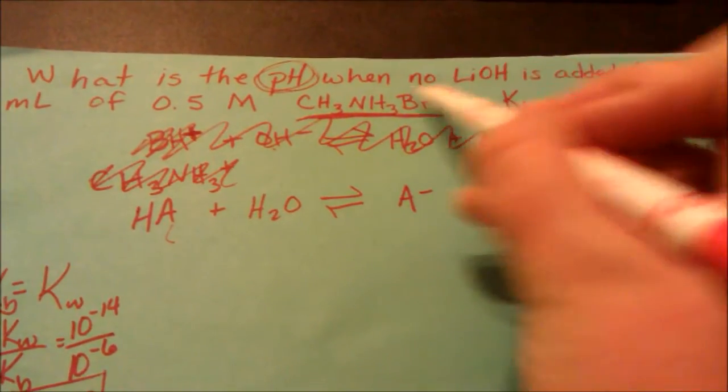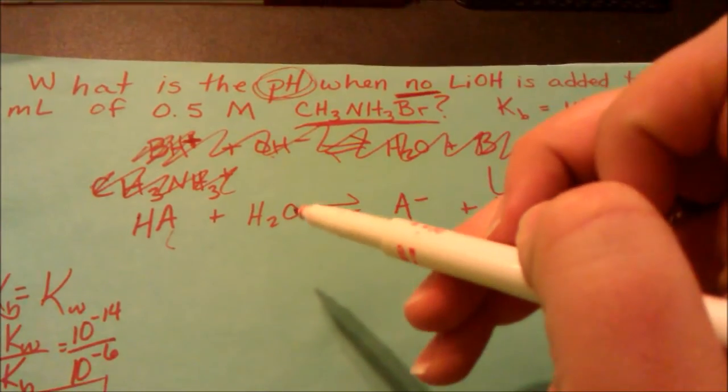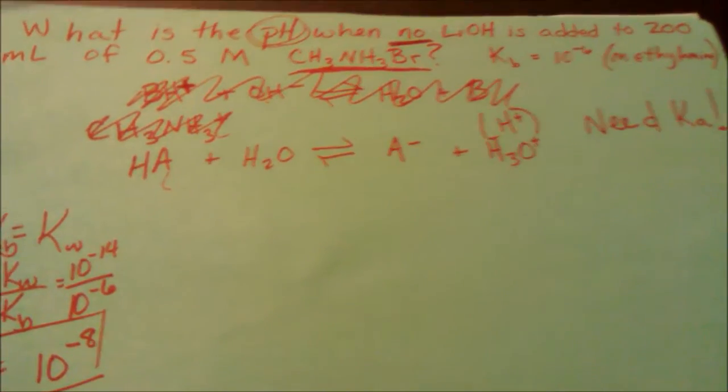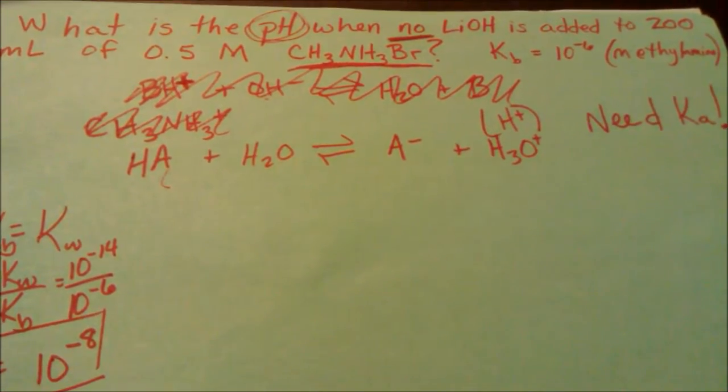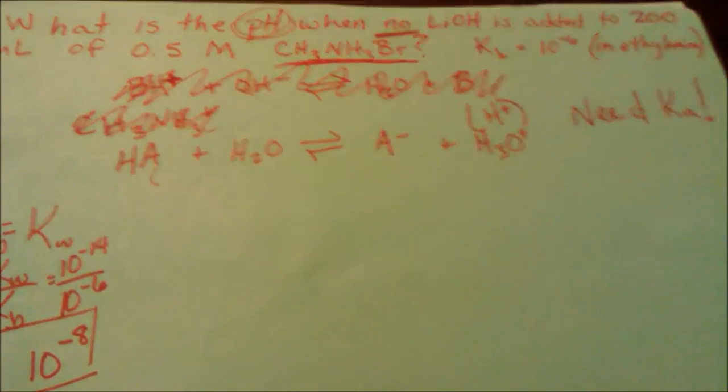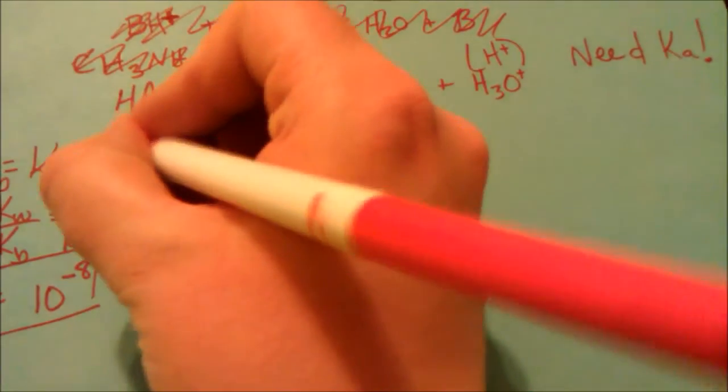We're adding no lithium hydroxide. So all we're really doing is dissociating 0.5 molar methylamine, or the acid form of methylamine, I should say. So that means I'm going to start with 0.5 molar HA. Don't care about water, it's a pure liquid.